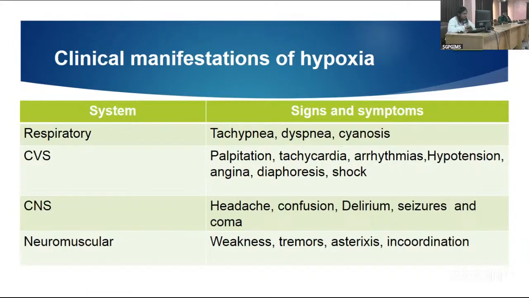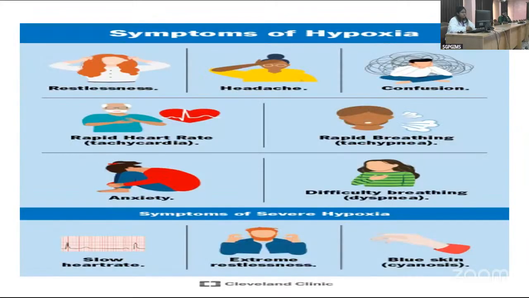Okay. So now let's talk about the symptoms of hypoxia, as you all are aware of these things, but let's ponder on these topics again. Restlessness, headache, confusion, tachycardia, tachypnea, anxiety, and dyspnea. Now, what are the symptoms of severe hypoxia? Slow heart rate, extreme restlessness, blue skin, that is cyanosis.